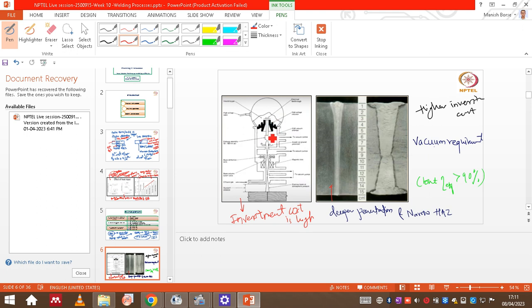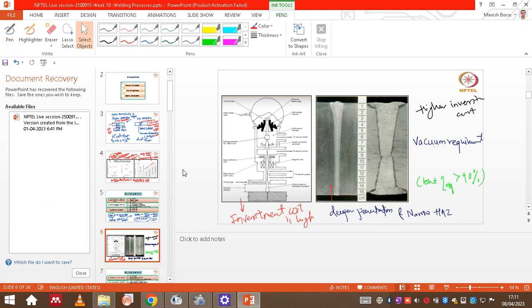Okay. And we always aid keyhole formation in this process, right? Because the energy density of the process is very high, and we have seen in the last live session and in the regular classes which forces are responsible for keyhole formation.